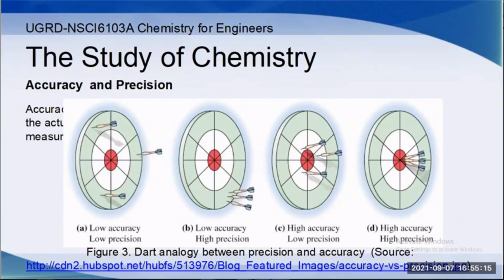On the second visual, the three darts are very far from the target, but they're hitting the same area in the dartboard. So the accuracy is low since they are far from the target, but the precision is high since they are close to each other. The third visual, we have the three darts close to the target but far from each other. This is an example of a high accuracy and low precision.